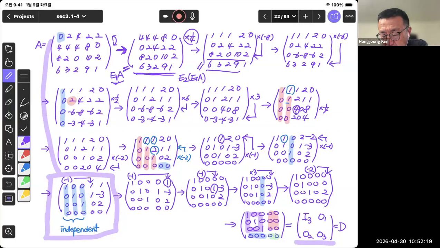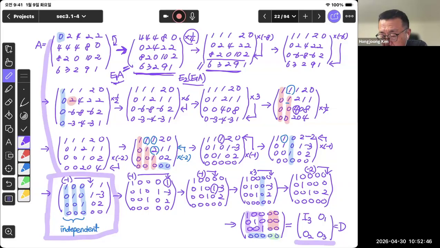The third matrix is a product of three matrices, E2 E1 A. And please remember that matrix multiplication is not commutative, so the order of these elementary matrices is important. You need to multiply E1 to A first, and then you multiply E2 for the scaling operation.